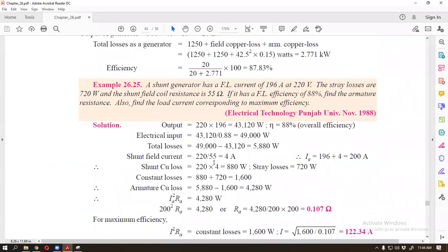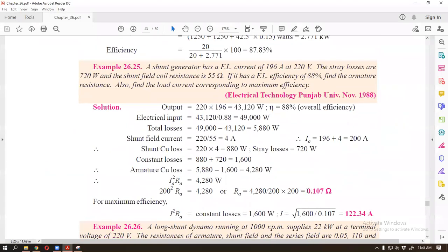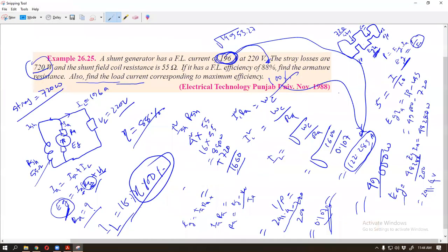Now we check this. This is your resistance, and the current is this. Is our answer right? Yes, sir, 122.134. Oh, this does not matter.